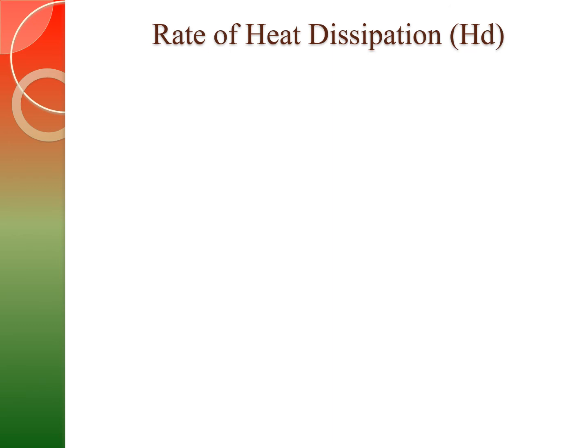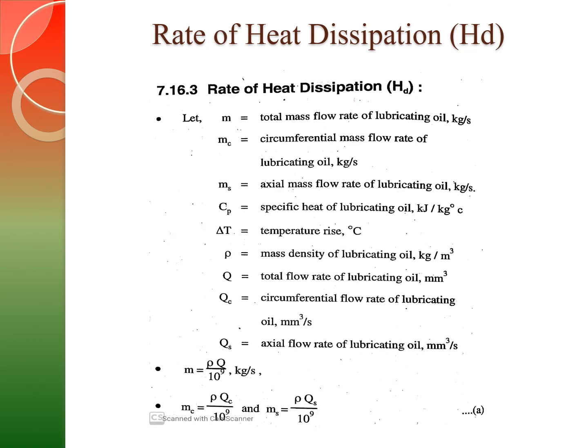Next, rate of heat dissipation, that is Hd. First of all we will see all the parameters involved in the rate of heat dissipation equation. Small m is total mass flow rate of the lubricating oil. M with suffix C is the circumferential mass flow rate of the lubricating oil. M with suffix S is the axial mass flow rate.